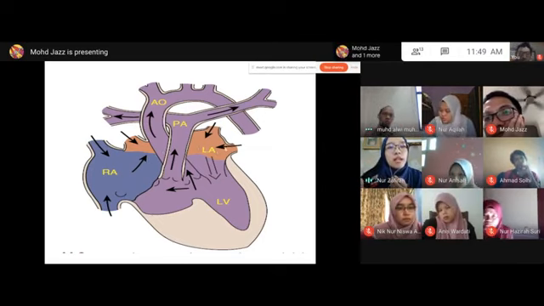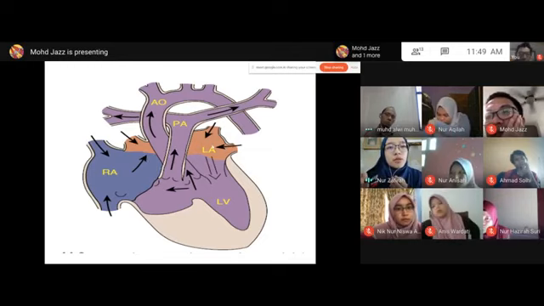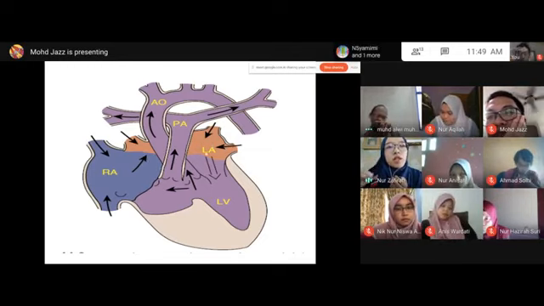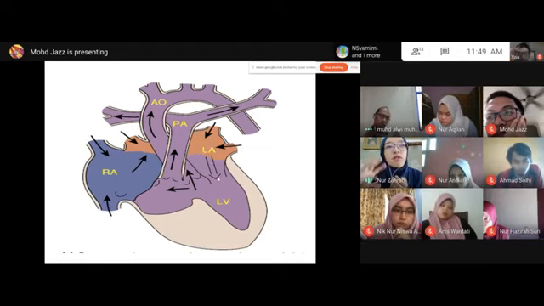There will be mixing at the left atrium between the deoxygenated blood and the oxygenated blood. So the blood from the left atrium will go into the left ventricle, and then from the left ventricle it goes both into the aorta and the pulmonary artery.